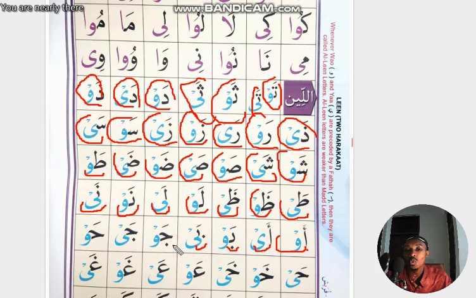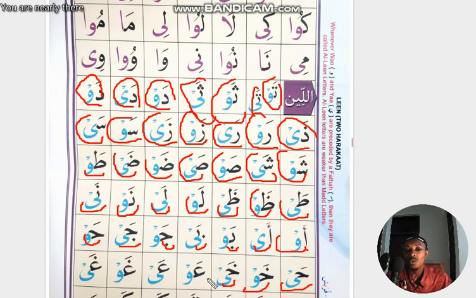Jim fatha waw sukun, Jaw. Jim fatha ya sukun, Jay. Ha fatha waw sukun, Haw. Ha fatha ya sukun, Hay. Kha fatha waw sukun, Khaw. Kha fatha ya sukun, Khay.